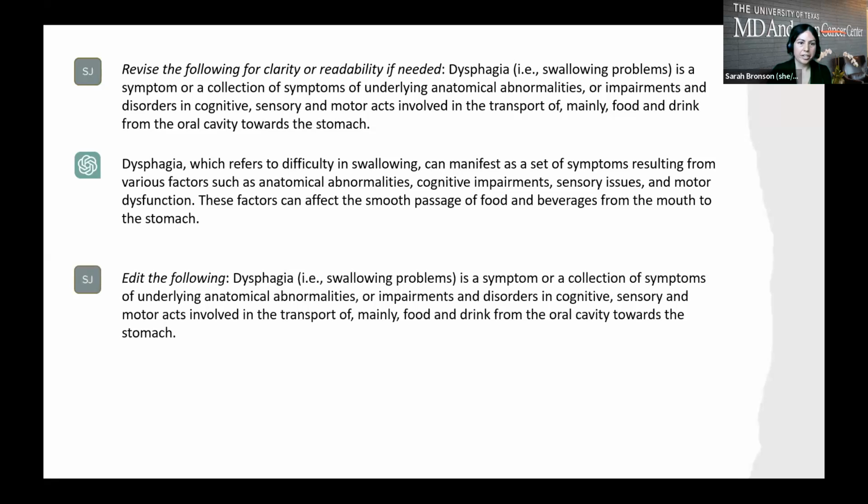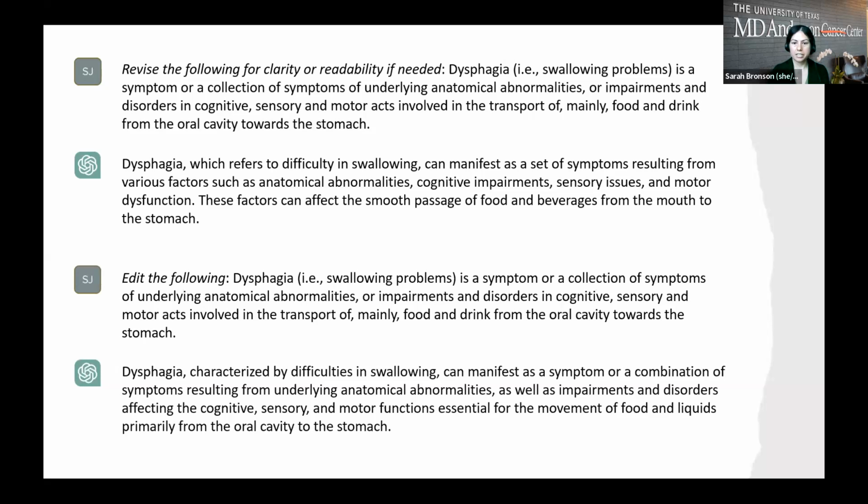I also tried prompting it to simply edit the sentence. It's not always the case that the person trying to get ChatGPT's help knows exactly what the issue is. And I found the results to be similar. There's some things that I might take, but there's also some things that I would not keep.